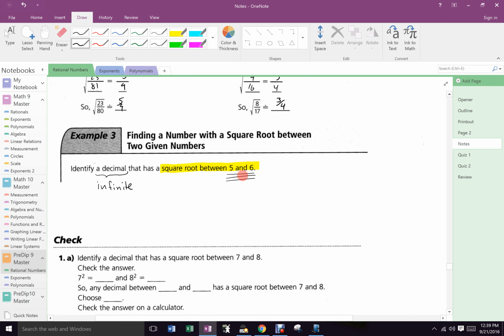So the roots are between 5 and 6. So there is 5, there is 6. Those are the roots. So what are the squares? 25 and 36. So to answer this question, I need a number anywhere in there. 27. Yep. 27, 27.1, 28.375, 32.197.